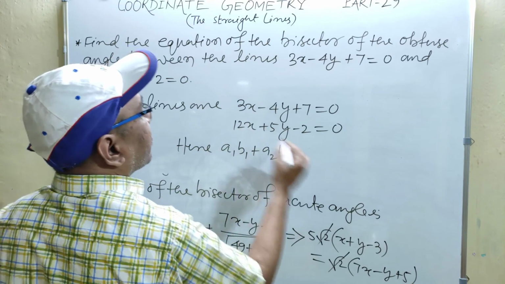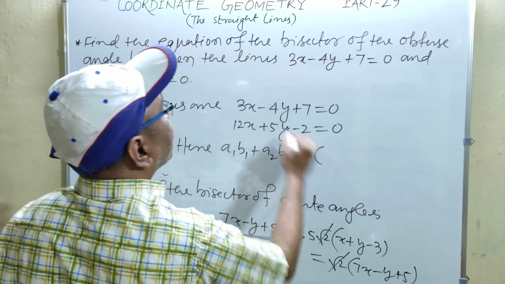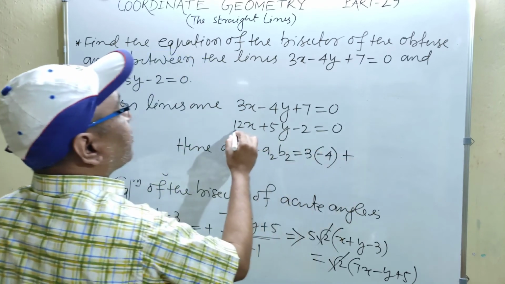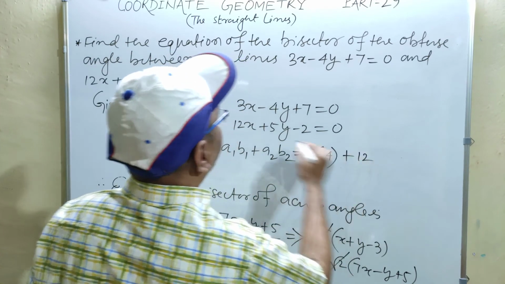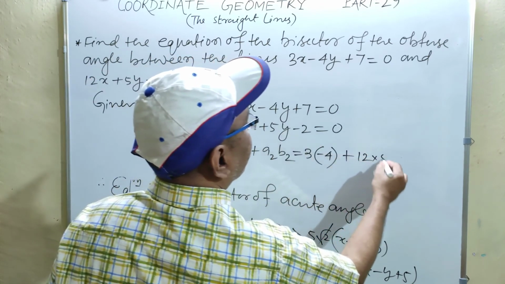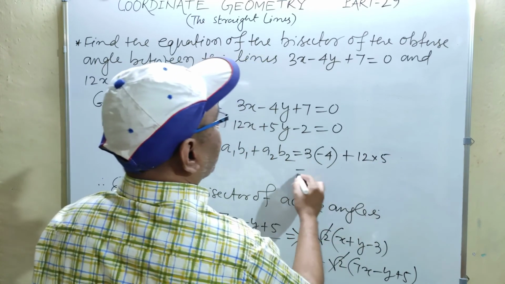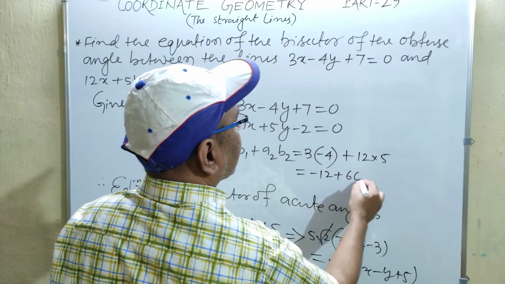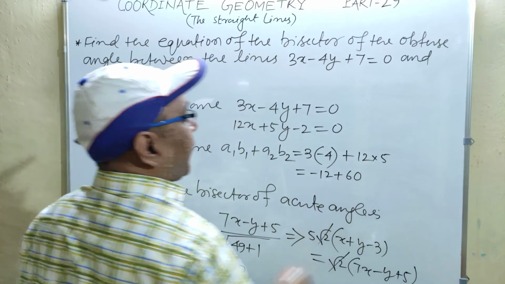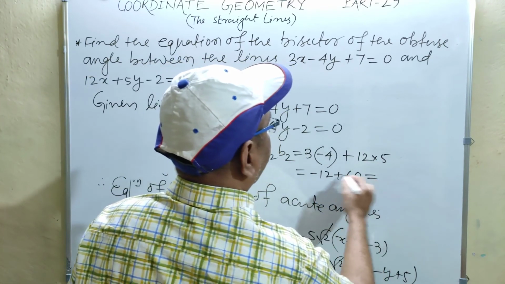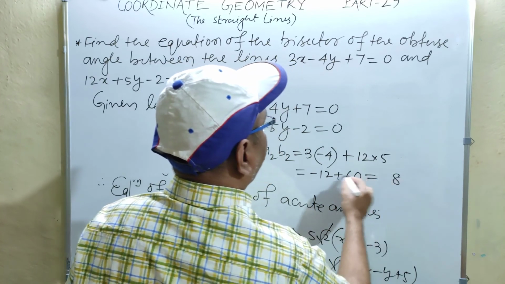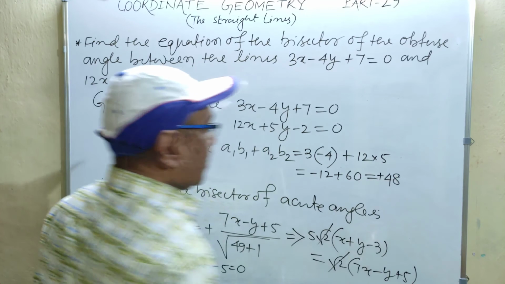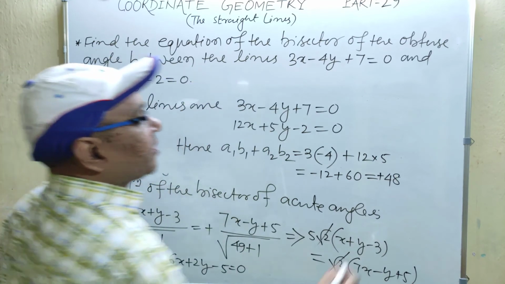a1 b1, here a1 is 3, b1 is minus 4, plus a2 b2, here a2 is 12 and b2 is 5. So this is minus 12 plus 60, so it will give plus 48, so it is coming positive.